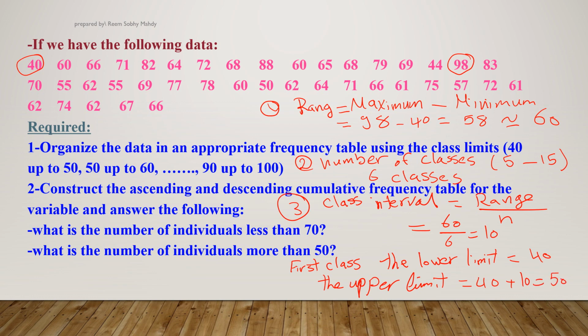So the first class would be from 40 up to 50, and so on till the end of the 6 classes.